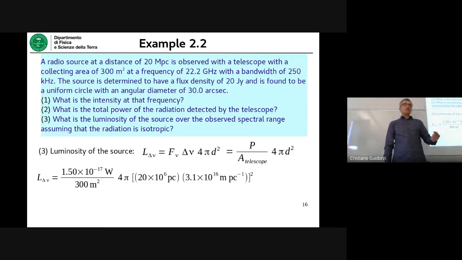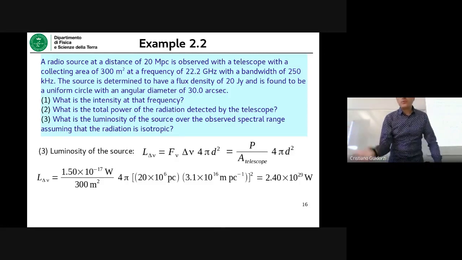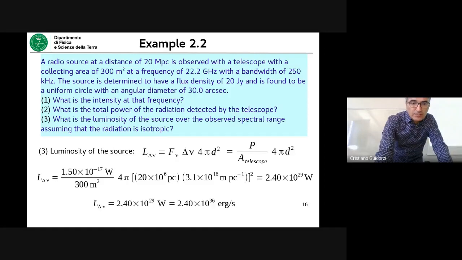Parsec is the distance at which an astronomical unit, so 150 million kilometers, subtends an angle of just 1 arc second. The annual parallactic angle is just 1 arc second, if you want to use a more rigorous language, which is 10 to 0.4, 10 to 19, 29 watts, or 10 to 36 hertz per second.